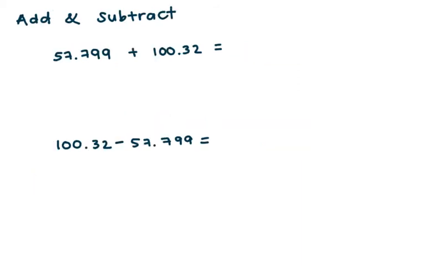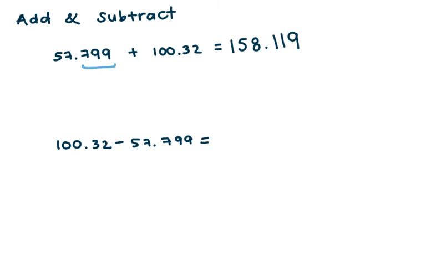Okay, now we're going to look at addition and subtraction. So for addition and subtraction, the rules are a little bit different, but I'm going to walk you through the steps. So when you add 57.799 plus 100.32, you're going to get 158.119. Now, instead of looking at the total number of sig figs per number that you're adding, you're going to look at the number of sig figs that come after the decimal point.